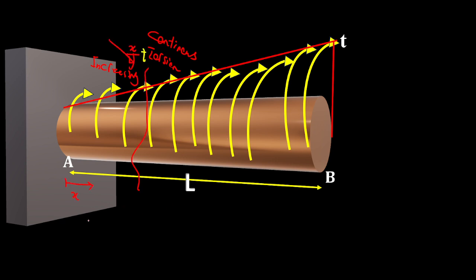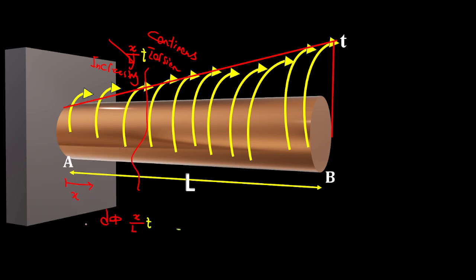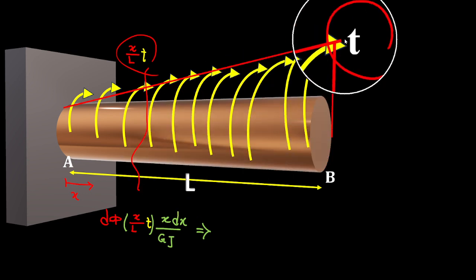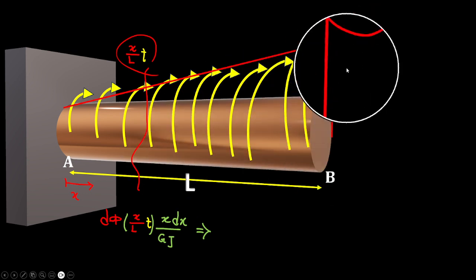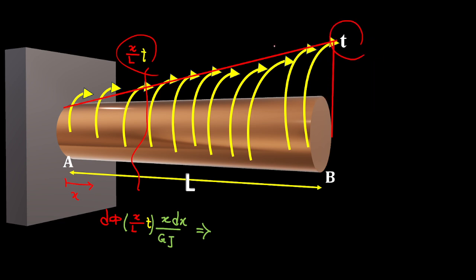If we cut our section at a length of x and develop our equation, d phi this time is, if you look at the nature of the distribution, if the total intensity goes all the way to t at the end of the triangle, in the length of x it's a simple relation.